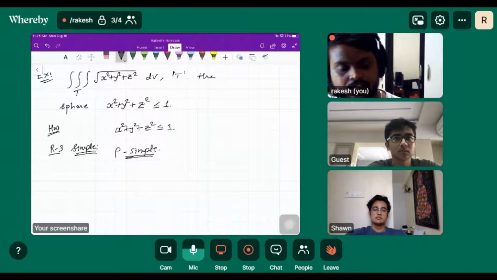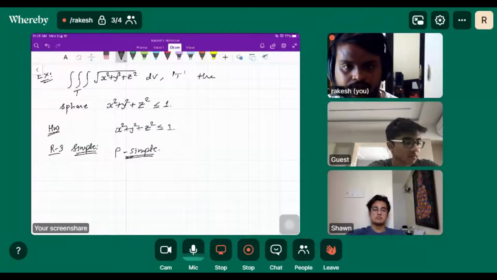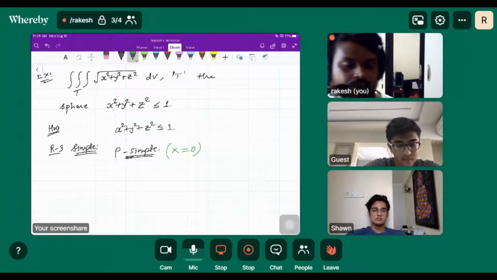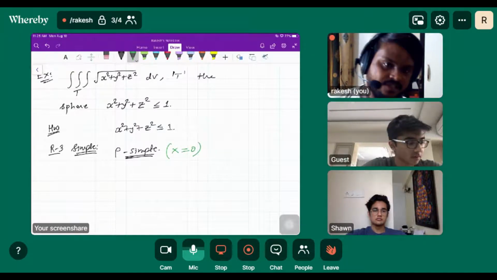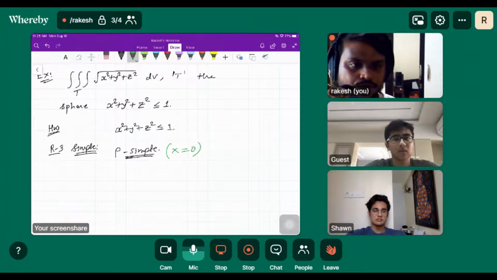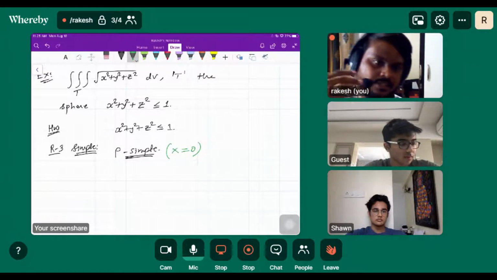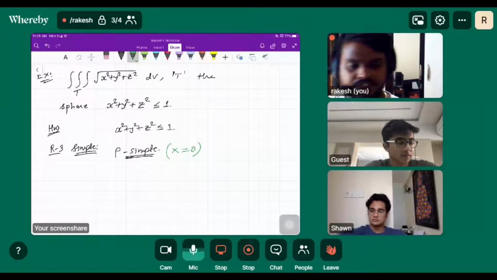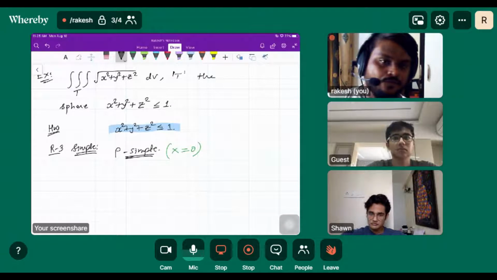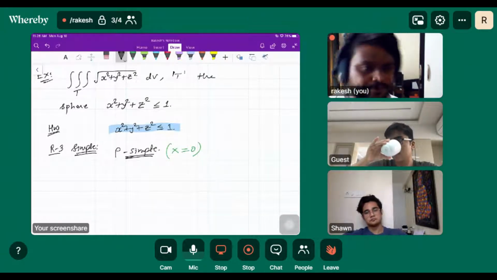To find out the range of rho here, I'll give you the step, and that's very important. You can set x equal to 0 and draw the trace of the surface on the yz plane. If you set x equal to 0 for this region, draw the trace of this surface on the yz plane.